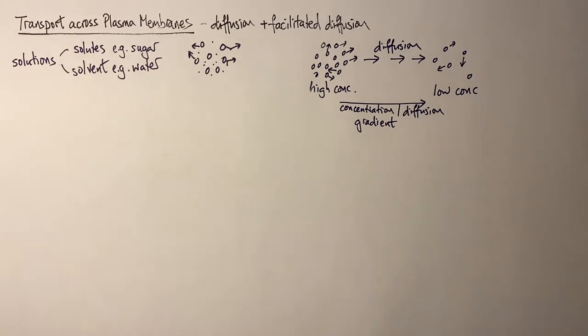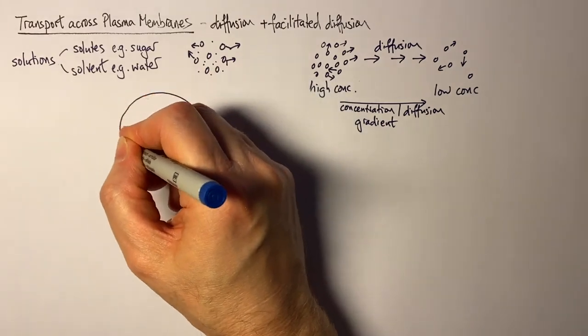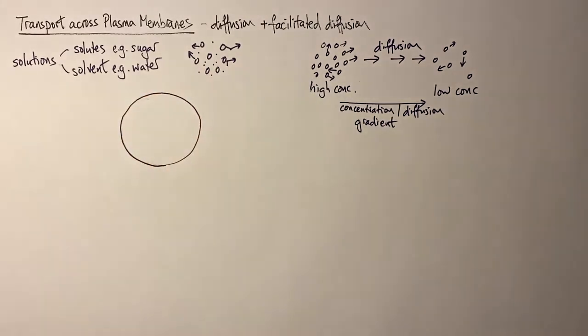Now, the confusing thing is when we come to cells, because a cell has around it a plasma membrane.